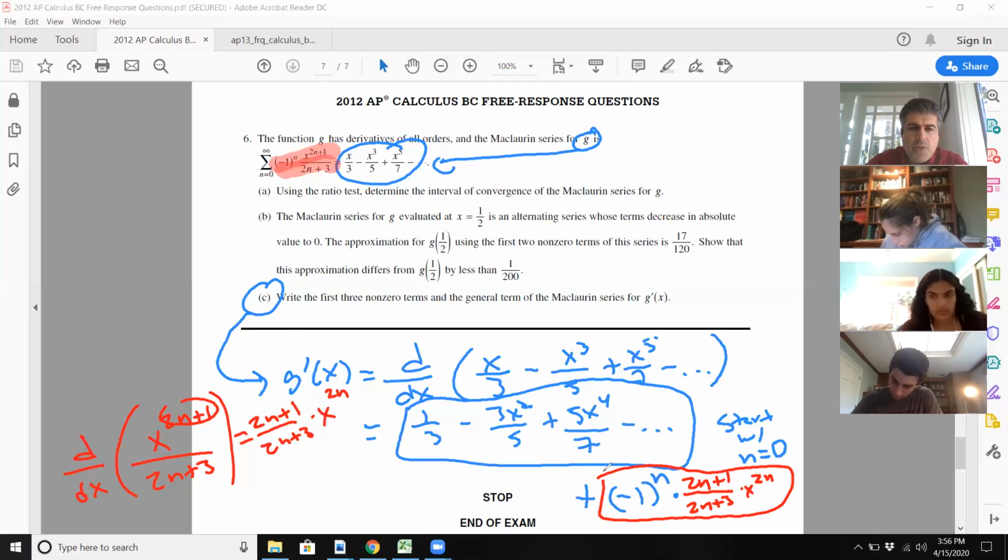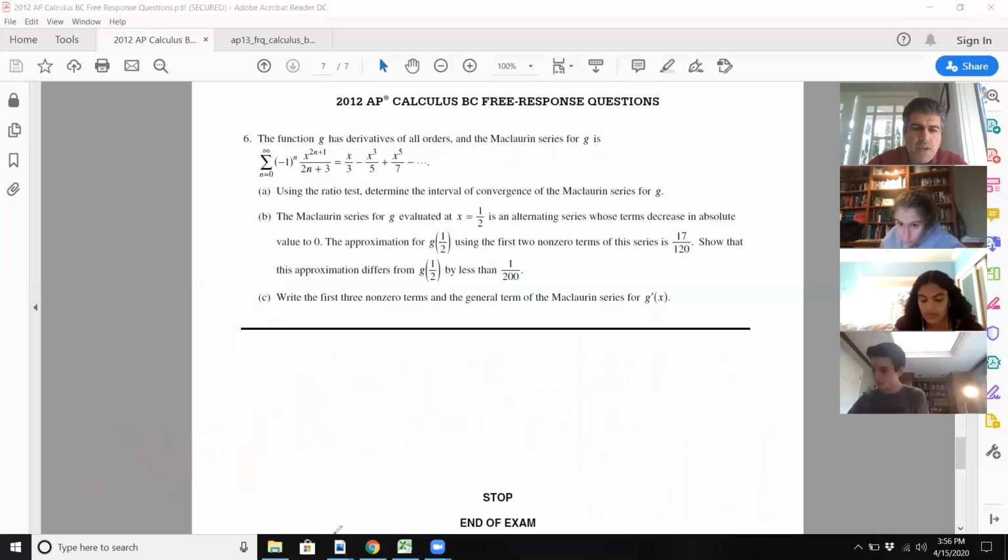Let me kind of show you B really quickly. I do want to talk about L'Hopital's rule just a little bit, but this is one of those kind of odd questions that every once in a while they'll ask.